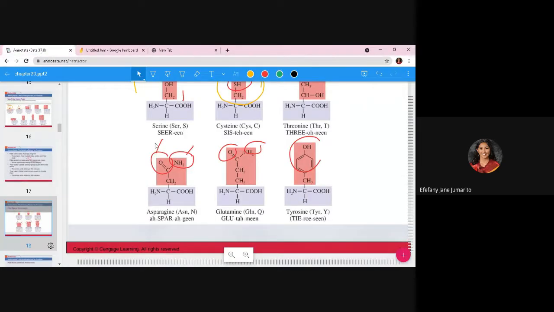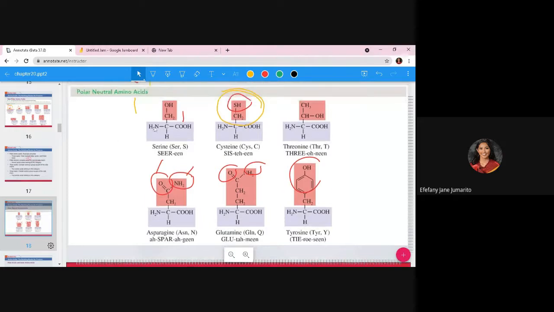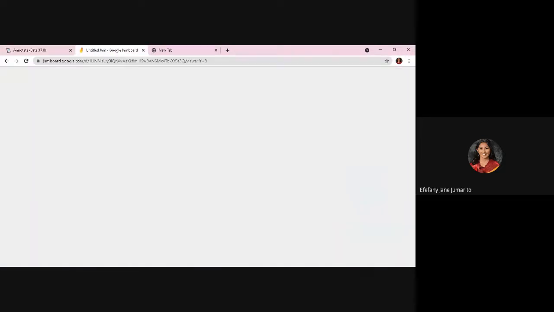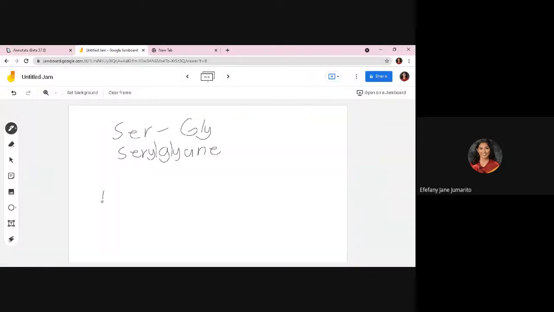Serine's R group is CH2 and OH. So we have C, then C double bond O, then the OH. Then we have your R group.